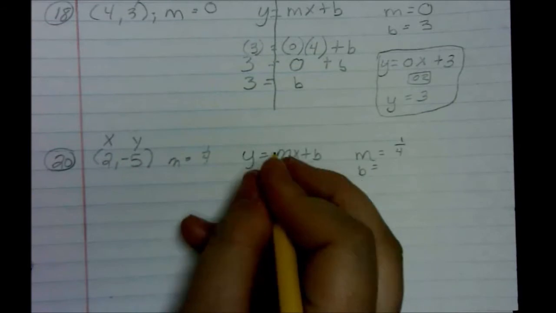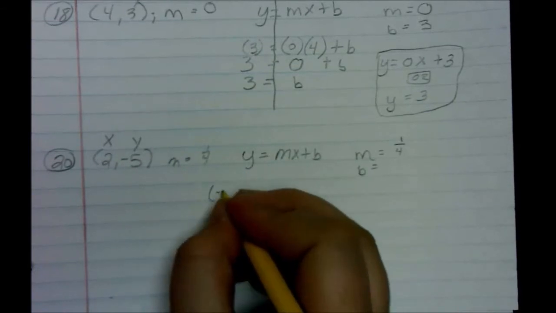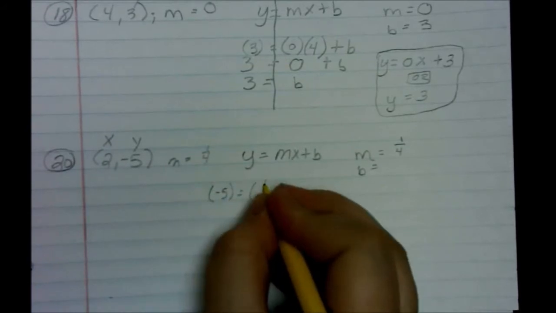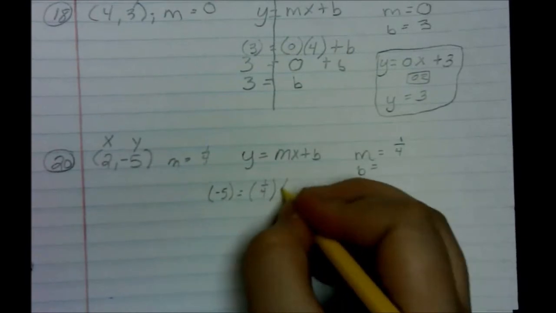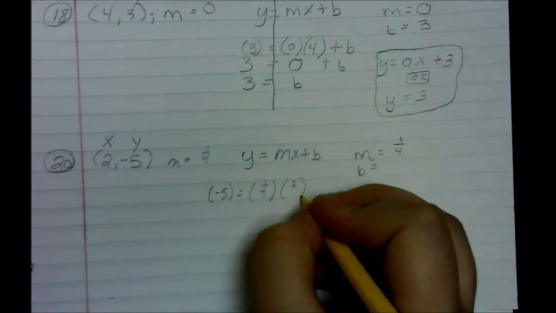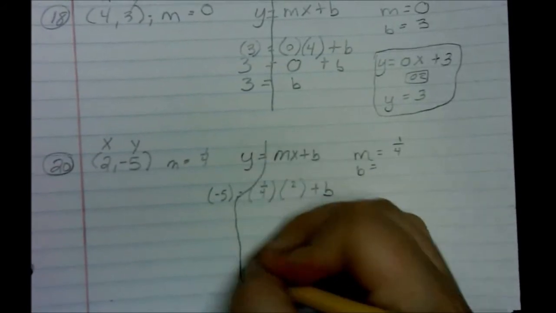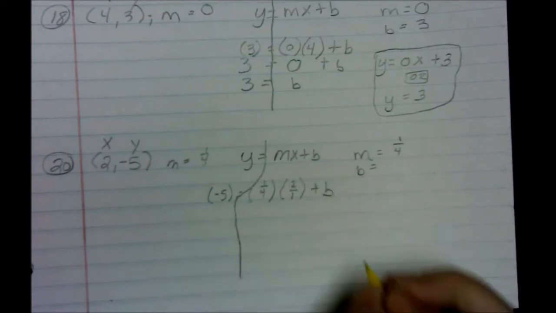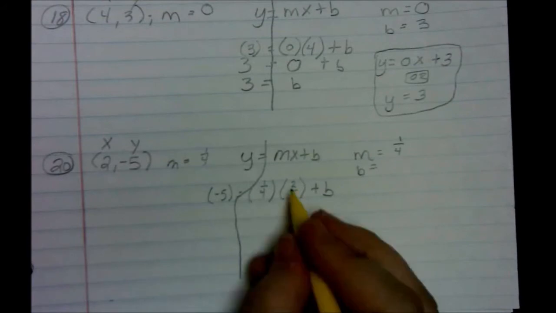So that will give me y is -5, m is 1/4, x is 2, plus b. Now I'm going to put my 2 over 1 so I can see my numerator and my denominator.